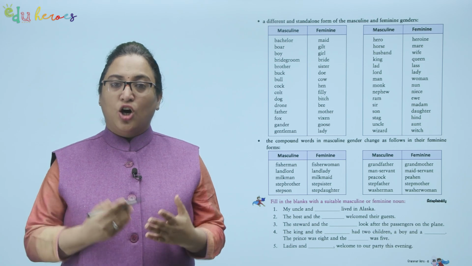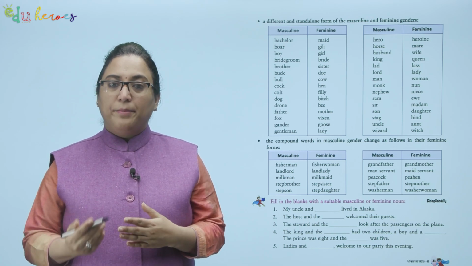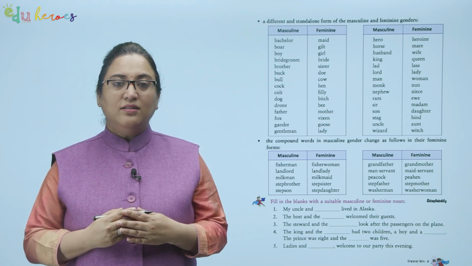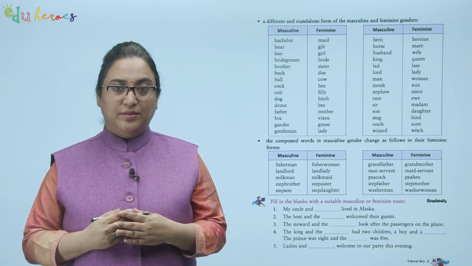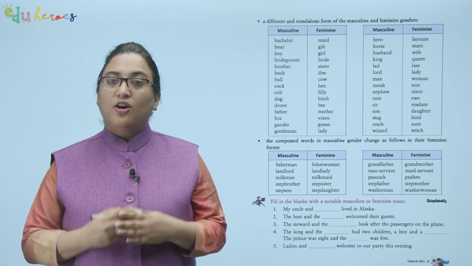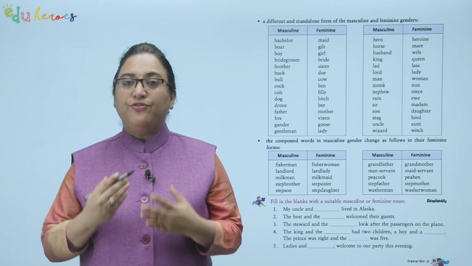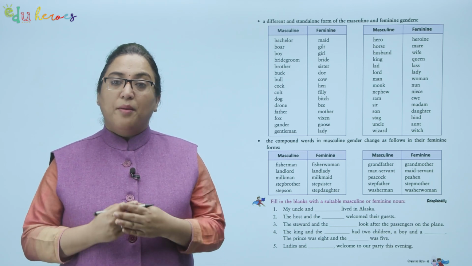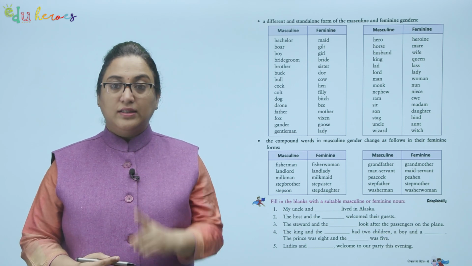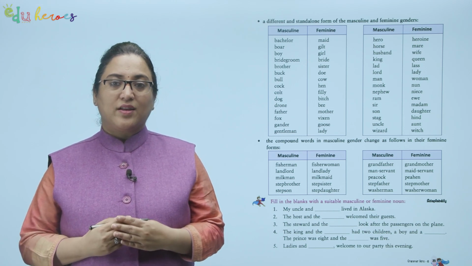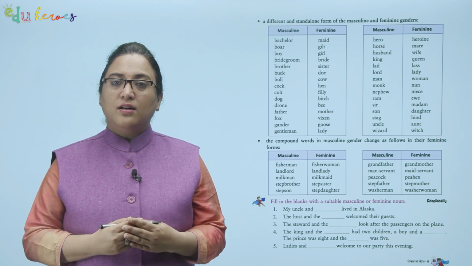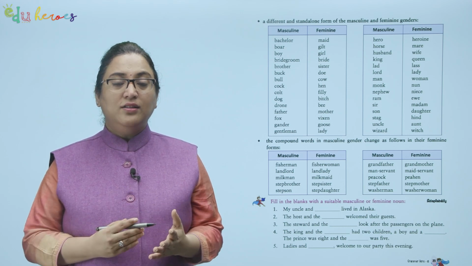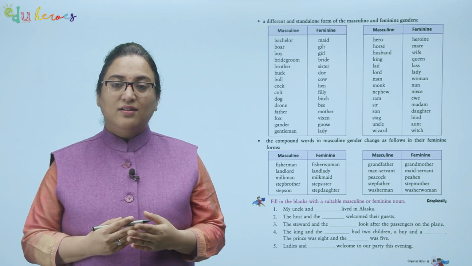colt, filly, dog, bitch, drone, bee, father, mother, fox, vixen, gander, goose, gentleman, lady, hero, heroine, horse, mare, husband, wife, king, queen, lad, lass, lord, lady, man, woman, monk, nun, nephew, niece, ram, ewe, sir, madam, son, daughter, stag, hind, uncle, aunt, and wizard, witch.